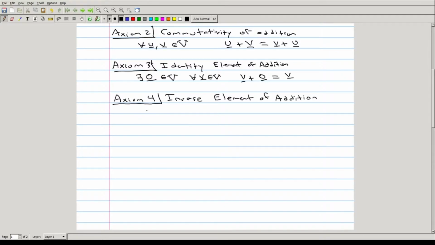And this states that for any element v in the vector space V, there exists an element that we sometimes denote minus v in V, such that the vector v plus minus v is equal to the identity element, the additive identity.